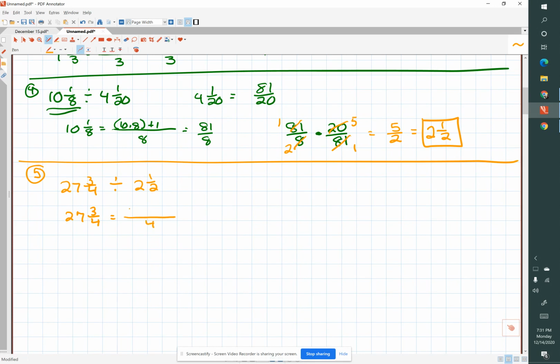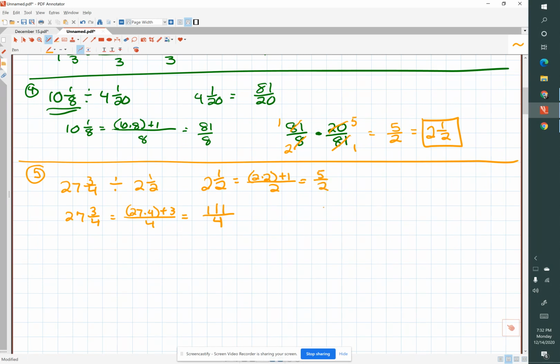So 27 times 4 plus 3, and 27 times 4 equals 108 plus 3 more is 111 divided by 4. And 2 1/2 is 2 times 2 plus 1, which is 4 plus 1, which is 5 over 2.